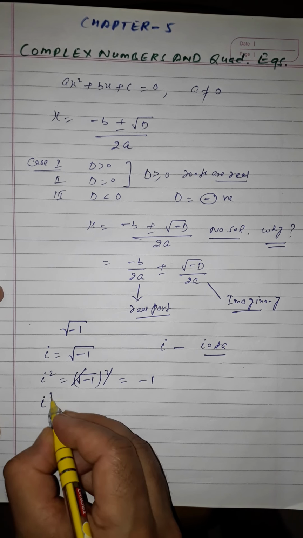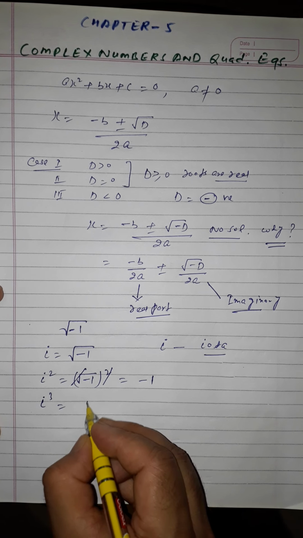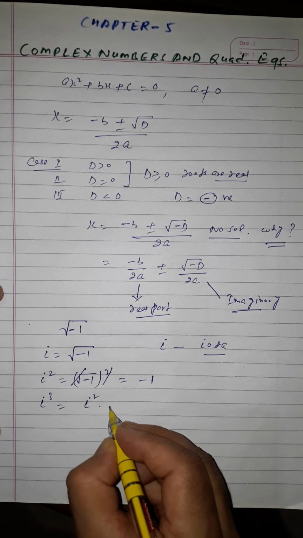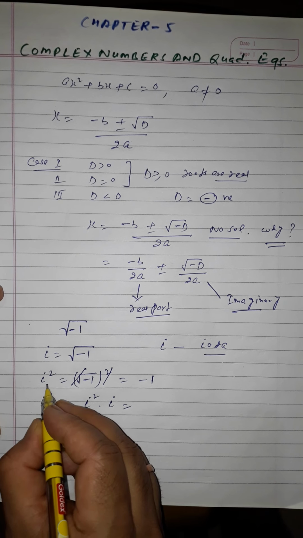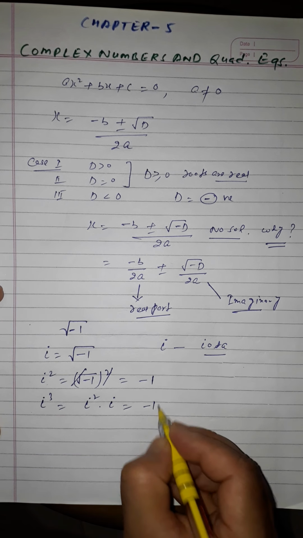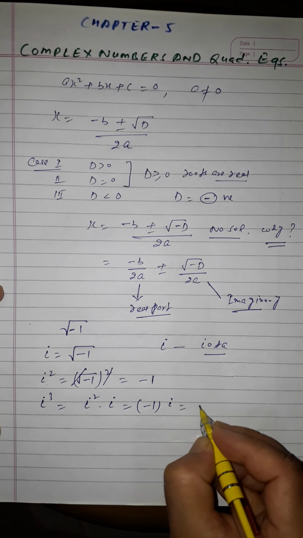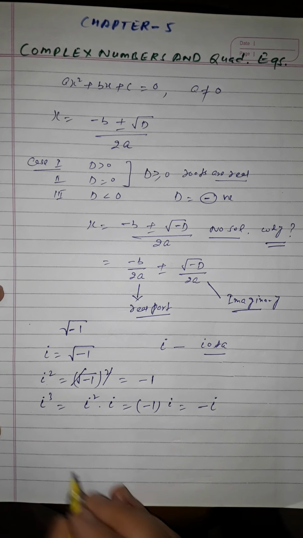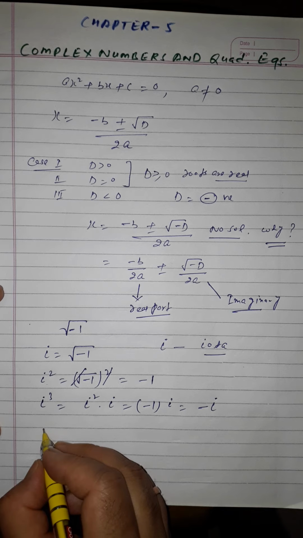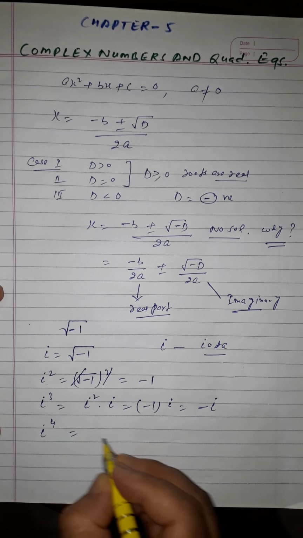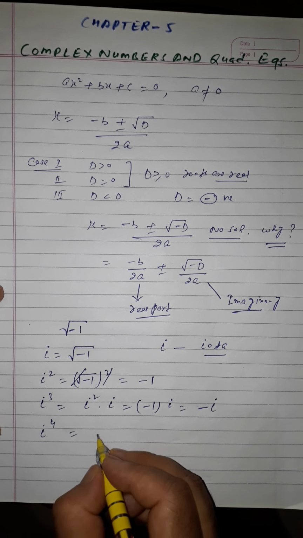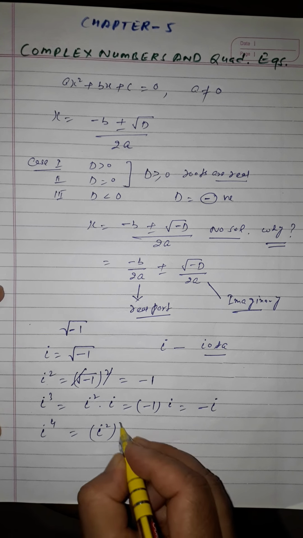Iota cube is equal to iota square into iota, that is minus 1 into iota, which is equal to minus iota. Iota to the power 4 is equal to iota square, its square.